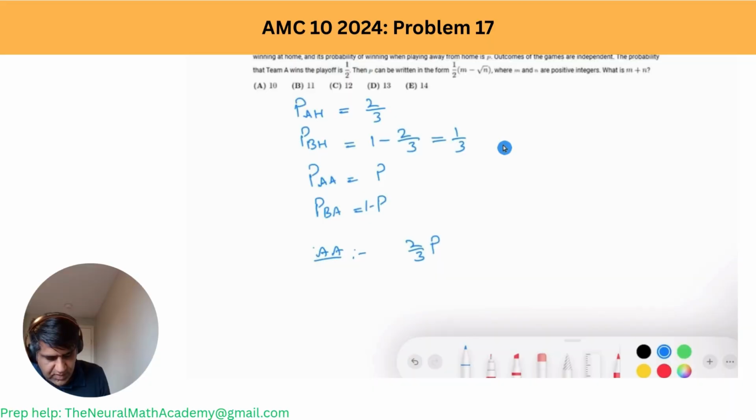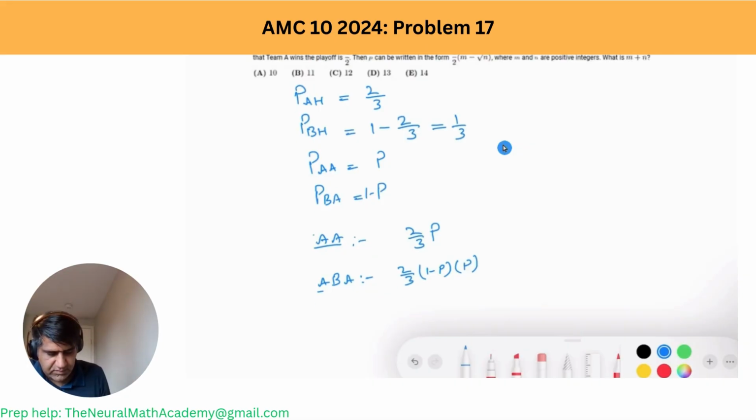The second case that we have is team A wins the first game, then team B wins, and then team A wins the third game. So in this case, the probability that we will get is 2 by 3. For B, we will have 1 minus P and P, right?